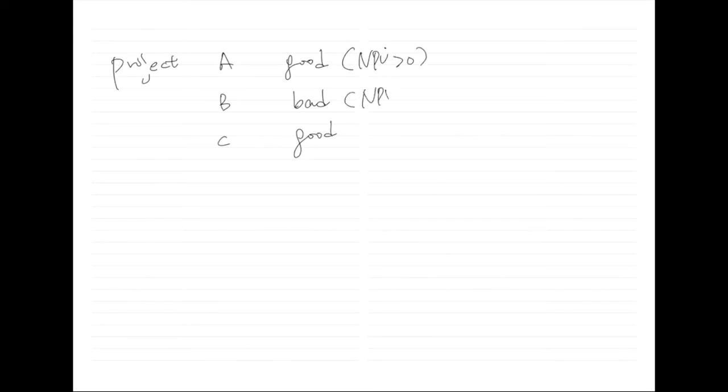So for example, let's say there are 3 projects, and this is a good project, a bad project, and a good project. How can you know? Yeah, from the NPV method: NPV positive, NPV negative, NPV positive.